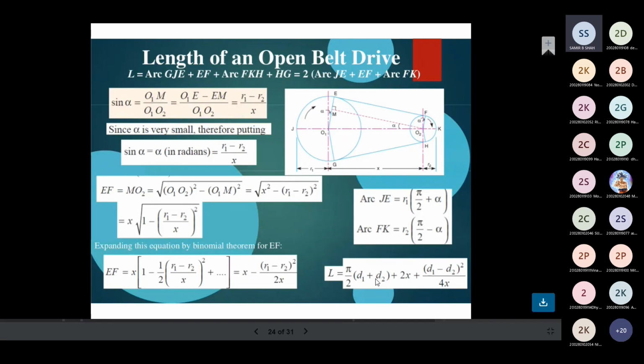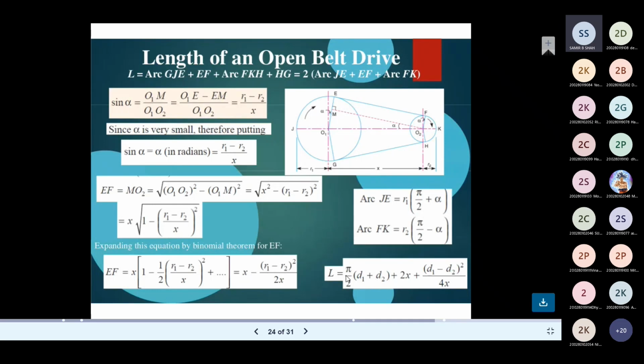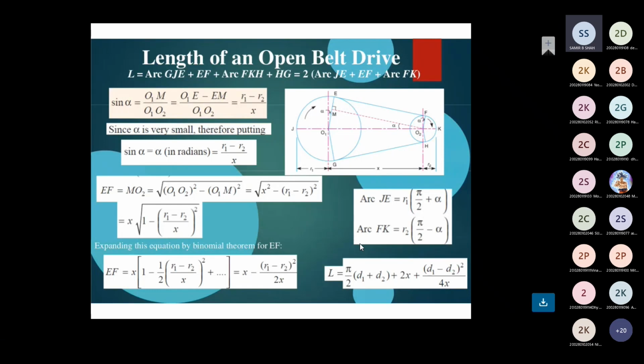But if we talk about the radius, then it may be like that into 2. So we say pi in the bracket R1 plus R2, plus 2X, plus R1 minus R2 whole square by X. In this way, we covered the length of open belt drive. You have to remember both equations, in terms of radius or in terms of diameter. Now, next one is the length of cross belt drive.